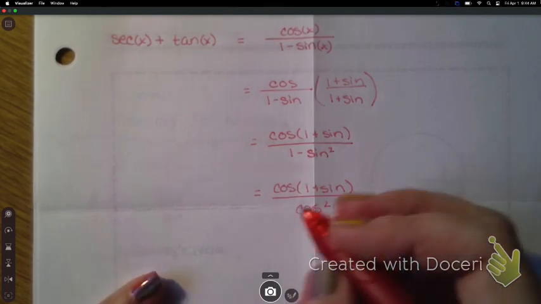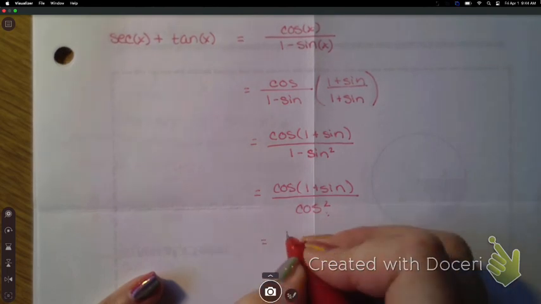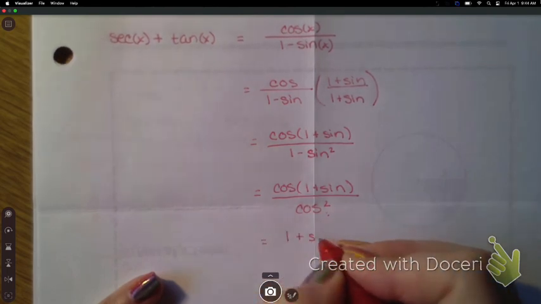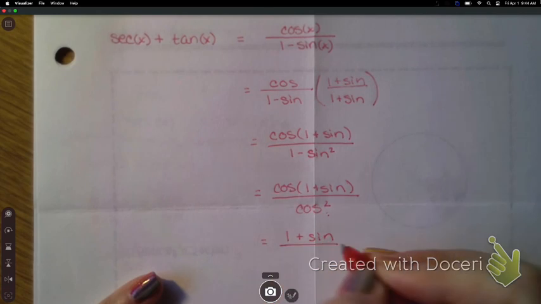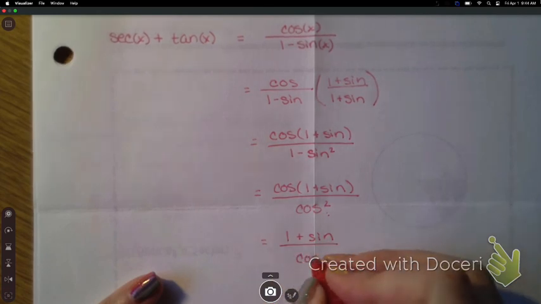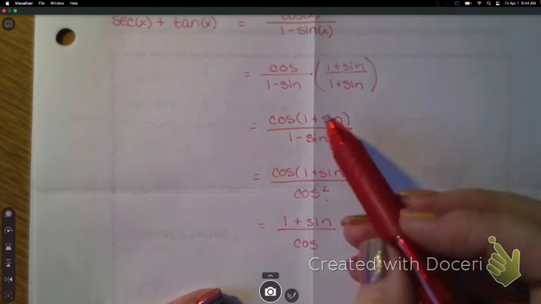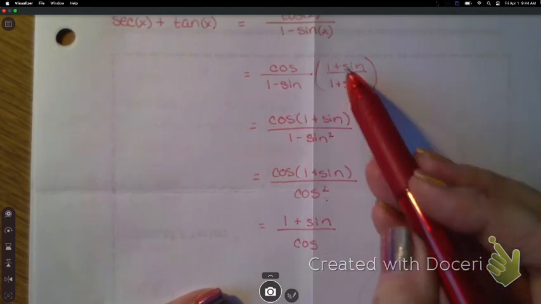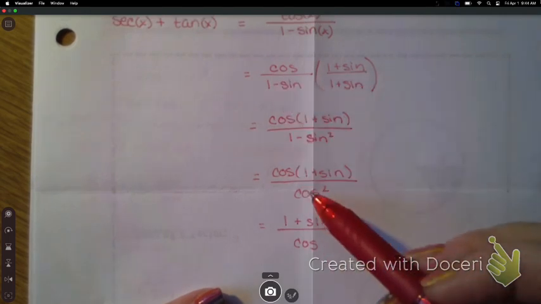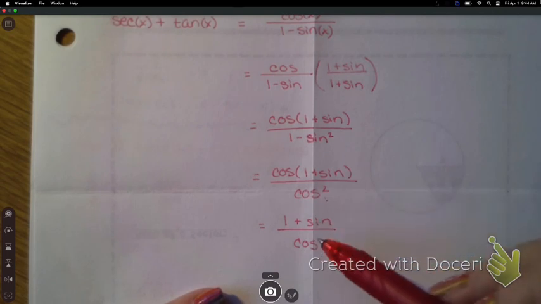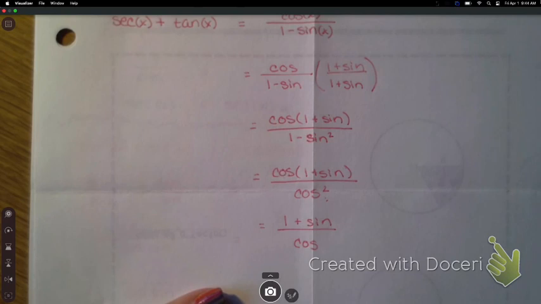So I would get 1 plus sine over cosine. Now, if I would have distributed this cosine through, would I have seen that happening? No. So don't always multiply it out, because it may not be what you want to do.